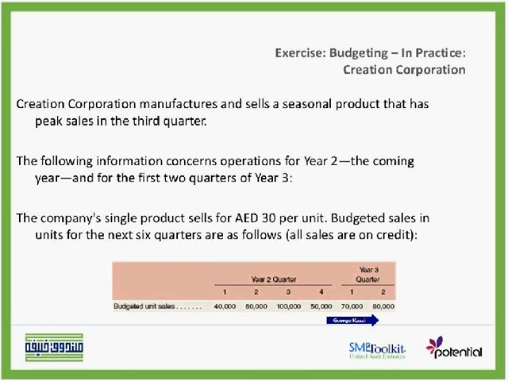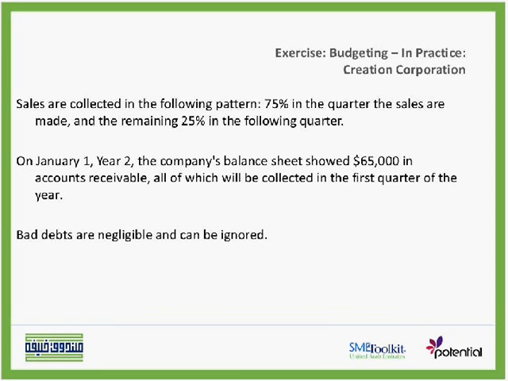We have to work on preparing a sales budget and a schedule of expected cash collection from these figures. Sales for Creation Corporation are collected 75% in the quarter the sales are made, and the remaining 25% in the following quarter. So whatever we sell during that quarter, we collect 75% of it, and the remaining 25% will be collected in the next quarter.